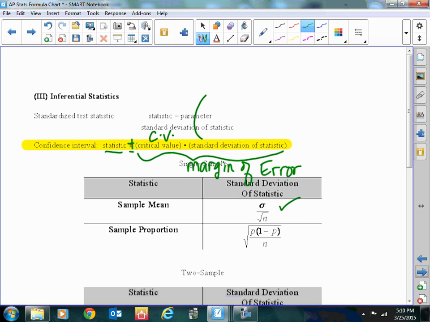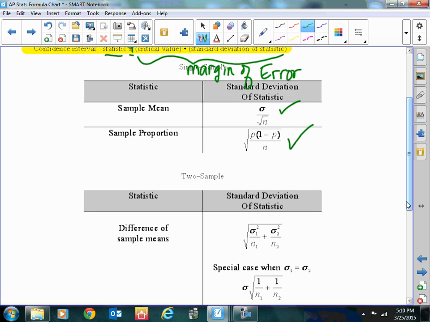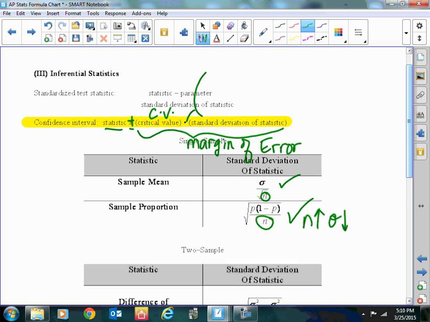And even if you had a mean standard deviation or a proportion standard deviation, since n is on the bottom, as n goes up, the standard deviation is going down. So if this number is getting smaller, then your margin of error is getting smaller. Think about it.